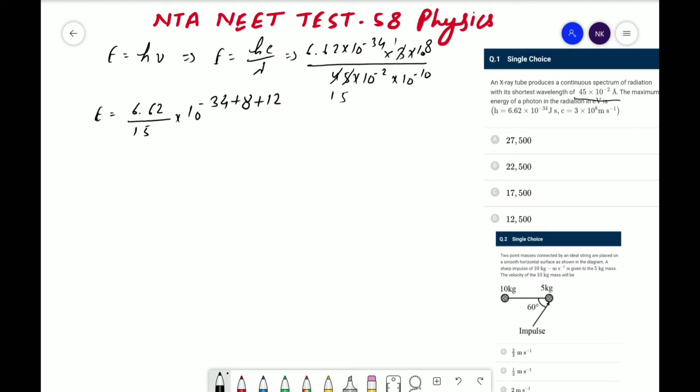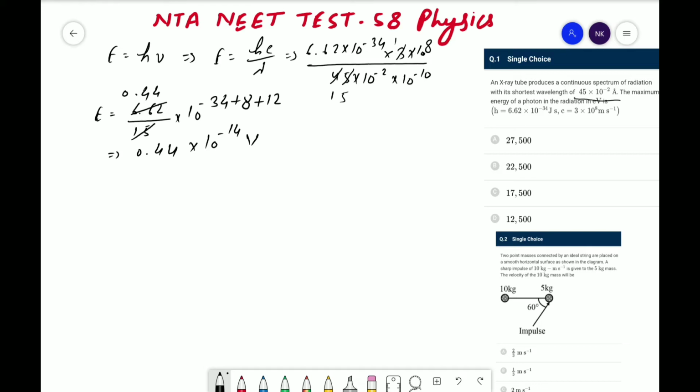Okay, hence 15 ones are 15, 15 fours are 60, and again 0.4. Therefore 0.44 into 10 to the power minus 14 volt.